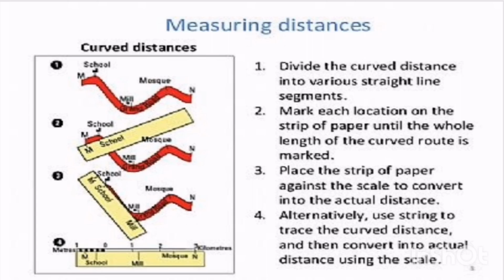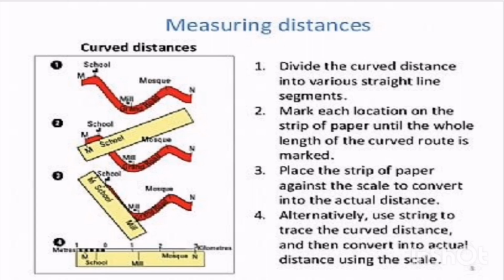Those various straight line segments which we have divided make up the length of the curved road. So after each location is marked, we place this strip of paper on the linear scale and we can calculate the distance. So this was the method of paper strip.